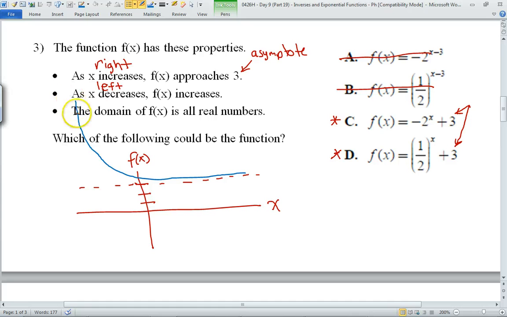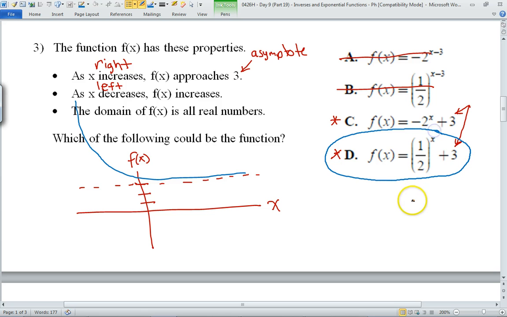This should be a decay function. Okay, getting lower and lower as we go from left to right. So which one of these would represent a decay function, getting closer and closer to the asymptote from left to right? Well, that's going to be D.